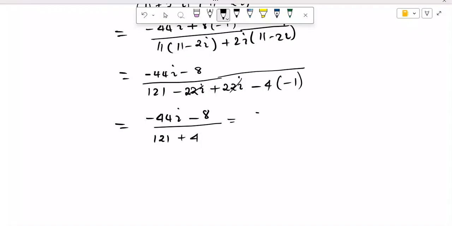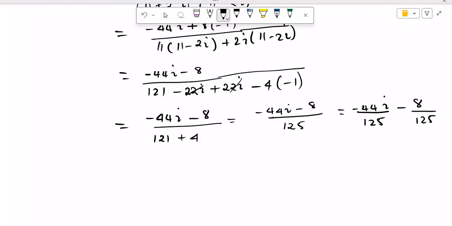So you have negative 44i minus 8 over 125. So now you can just say this is negative 44i over 125 minus 8 over 125.